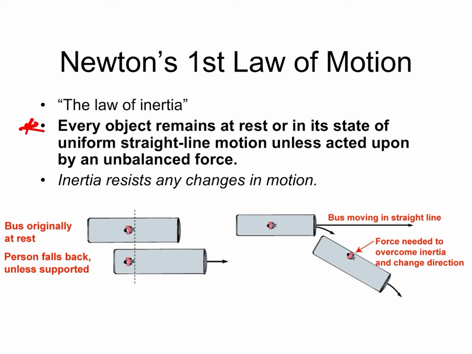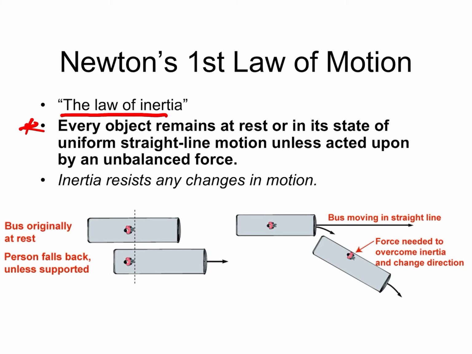I say every object that's in motion stays in motion. Every object that's at rest stays at rest unless acted upon by an unbalanced force. Okay, so you probably heard that one before. That is Newton's first law. And it's also called the law of inertia, so you need to know that too. This is showing you a picture of someone on a bus.